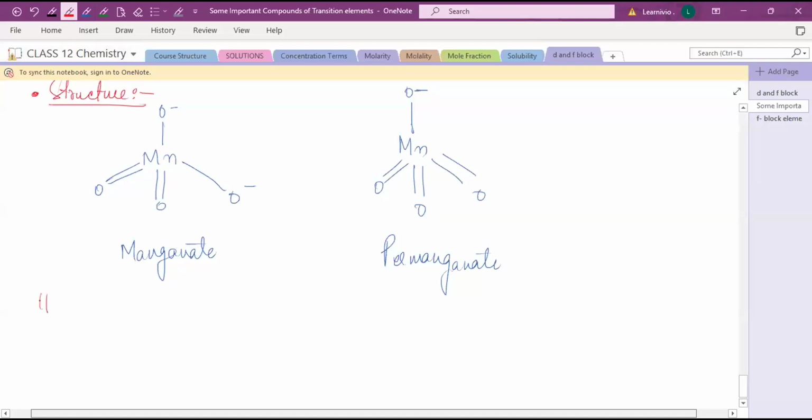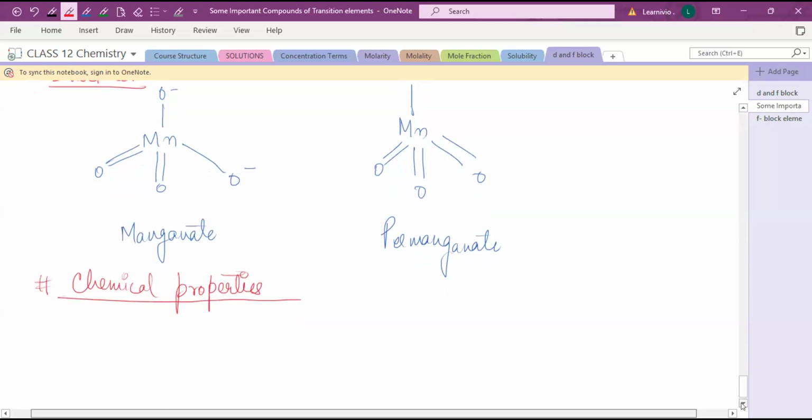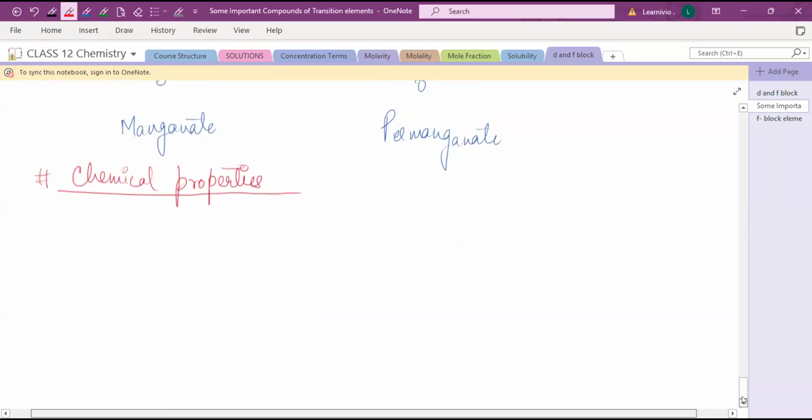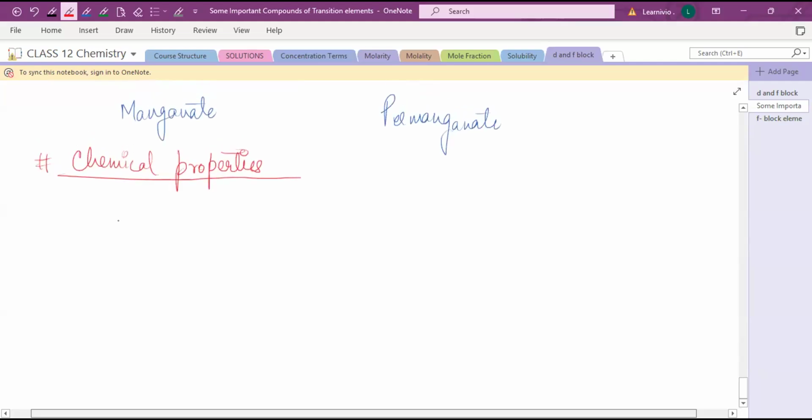Next, see the chemical properties. Both KMnO4 and potassium dichromate are strong oxidizing agents.